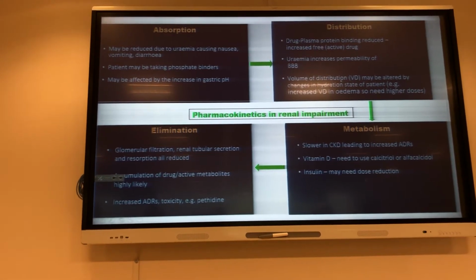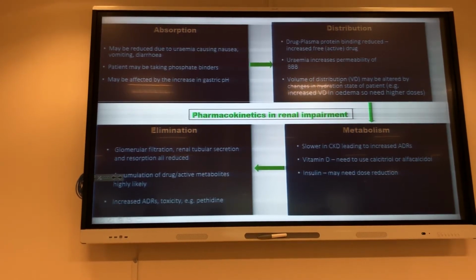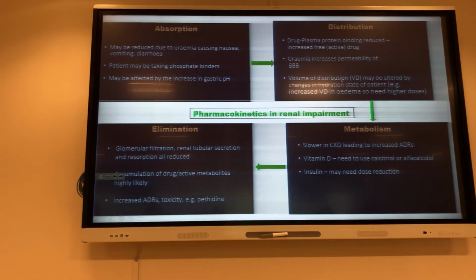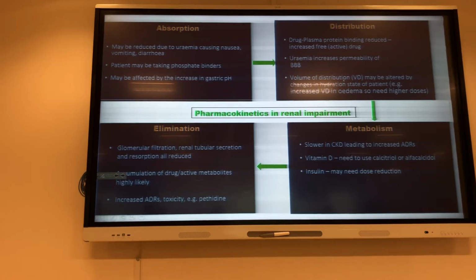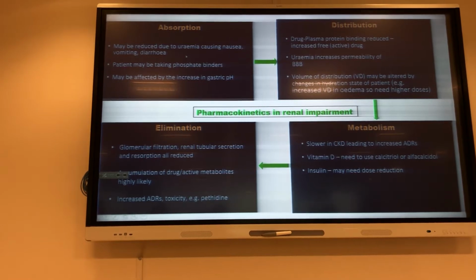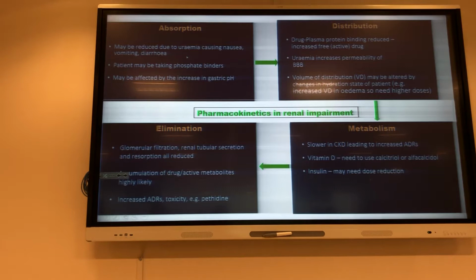What happens in metabolism, the next stage? In CKD, metabolism is quite slow, so this can lead to increased adverse drug reactions. Vitamin D also: do you know how vitamin D is produced, or what the enzyme responsible is?